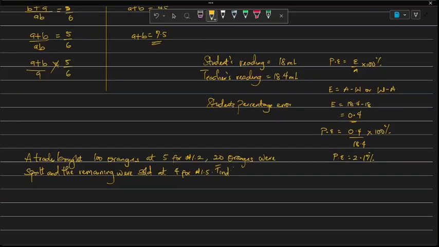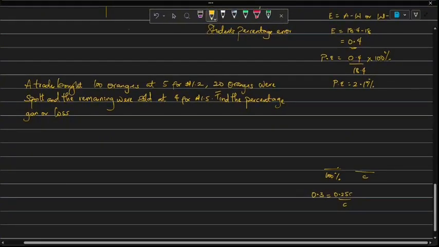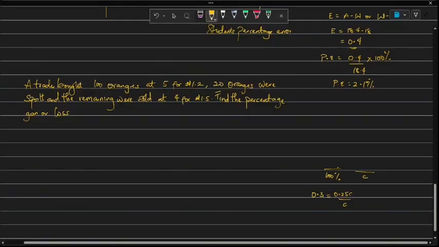Find the percentage gain or loss. I have to be very careful. This question is quite tricky. They are trying to play with our intellect in this question, but we would not agree, because it's not as hard as it seems.